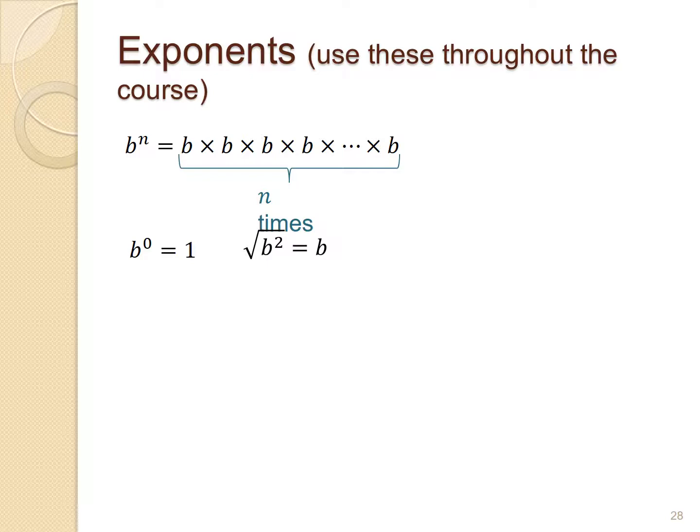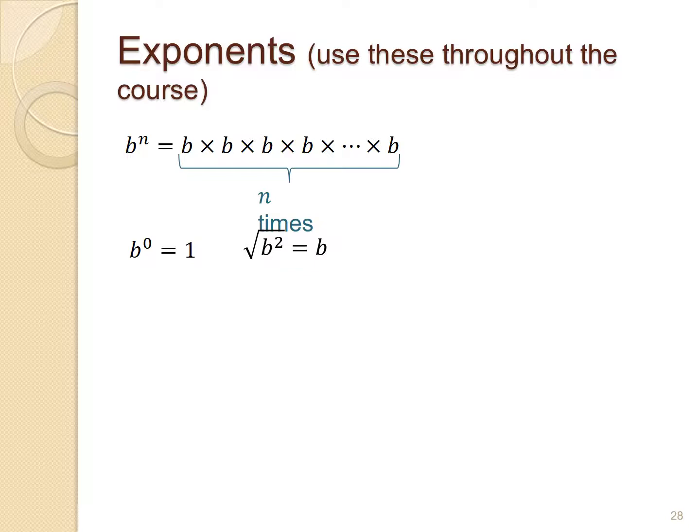When you have the square root of something, whatever is inside of it, if you can break it down into some number squared, then when you take the square root of it, it's simply going to give you the original number. 6 times 6 would be 6 squared, and that's 36. And we know that the square root of 36 is 6.